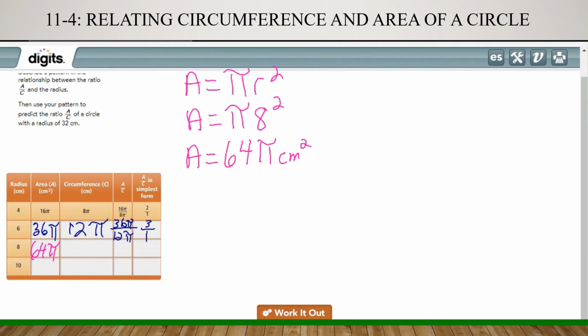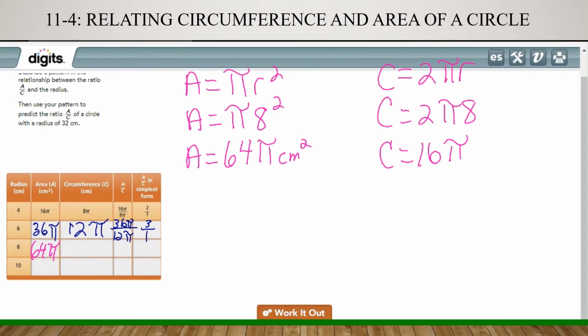Now I have to find the circumference. Again, we're going to use the one that has radius in it, which is circumference equals 2 times pi times the radius. Now I'm going to bring down circumference, bring down 2, bring down pi, and substitute in 8 for the radius. Now I have to multiply 2 times 8, which is 16, and bring down pi. So the final answer will be 16 pi centimeters.